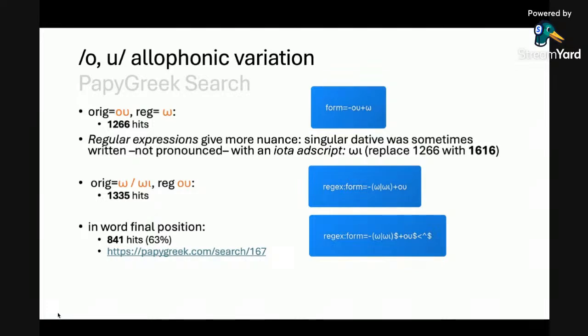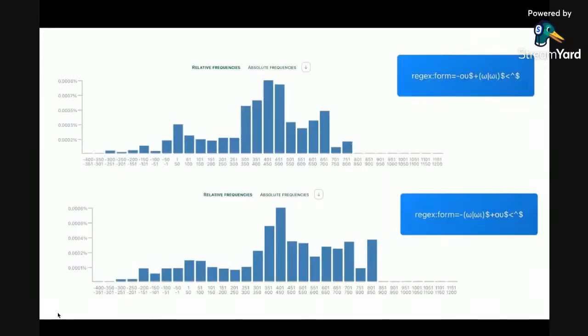And in PapyGreek, we have this possibility of saving certain searches. So, for example, this search is search number 168. The other direction, so what we have there on top of the slide, there are more instances that are word final. And we also see the sort of diachronic dimension of this while we do the search.